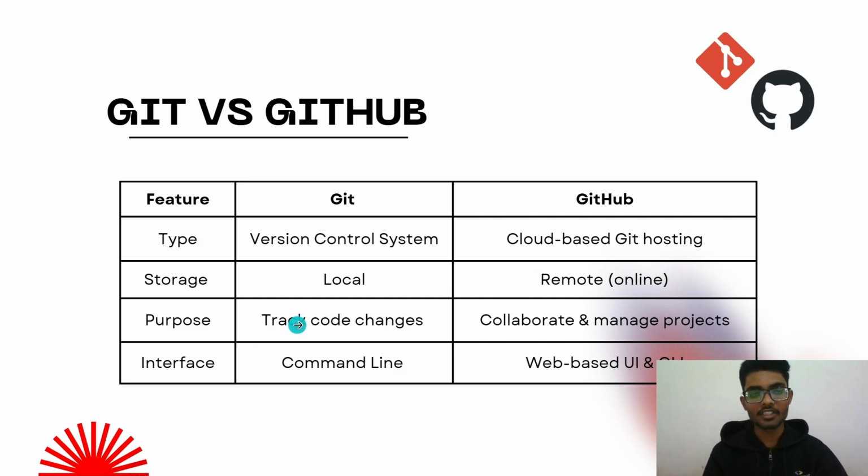The purpose of Git is to track the code changes, while on GitHub we can collaborate and manage our project. Git can be accessed through the command line, while GitHub has a UI or CLI both, and we can do things by using the UI also.